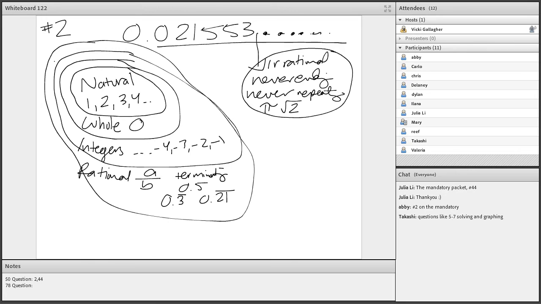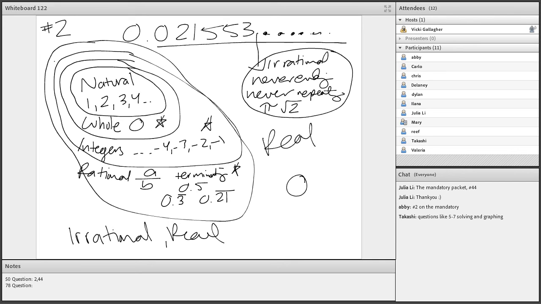And then all of the numbers that we had learned at this point were also real. So if I had to choose, I would say this was irrational and also real. So you're basically just trying to figure out what's the first circle that this number can fit into, and then you work your way out. So for instance, if I asked you to classify the number 0, you would say it's whole and also an integer and also rational and also real.